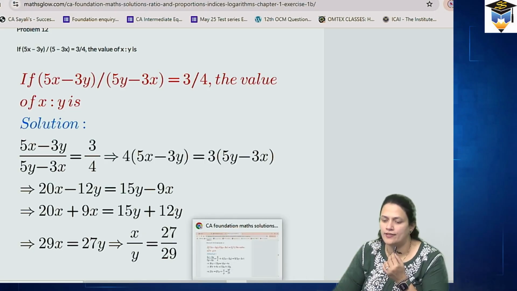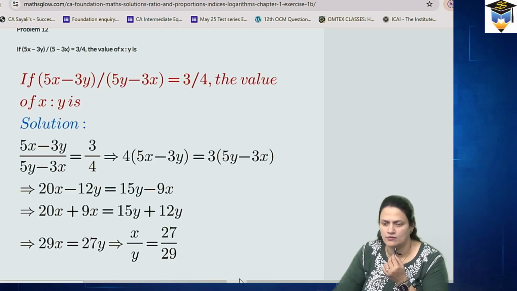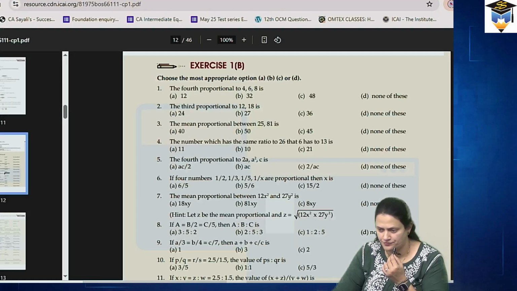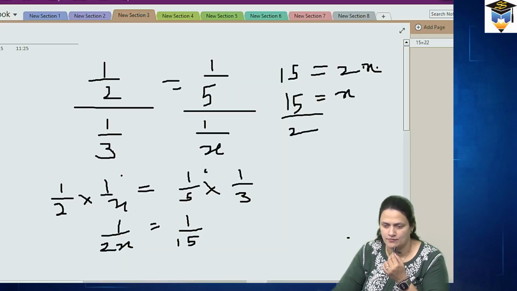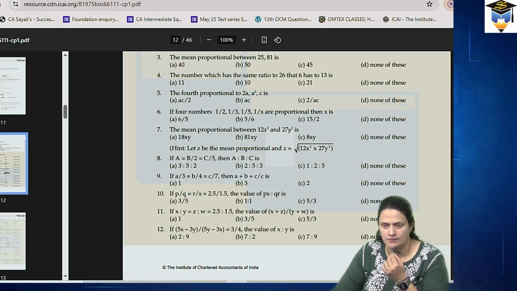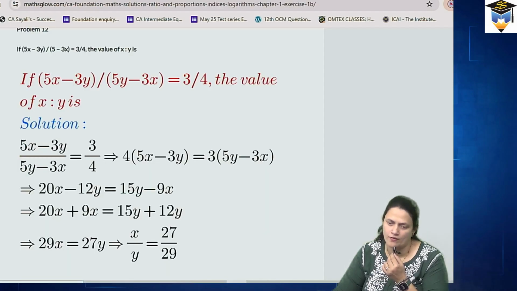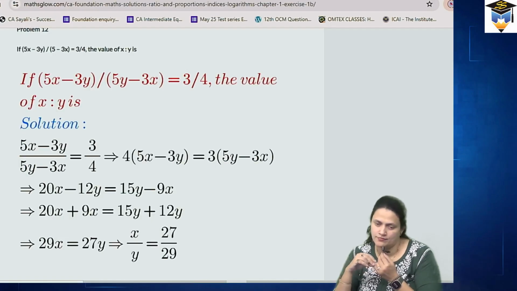This is the extra one, is it? None of these. D is the correct option. So please write this down, because none of these is the correct option.